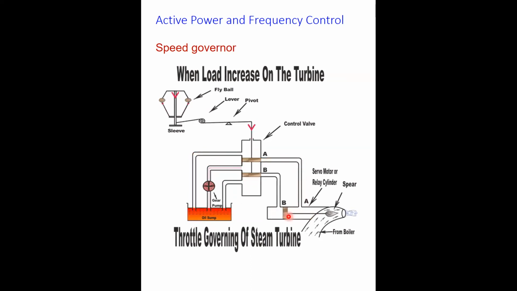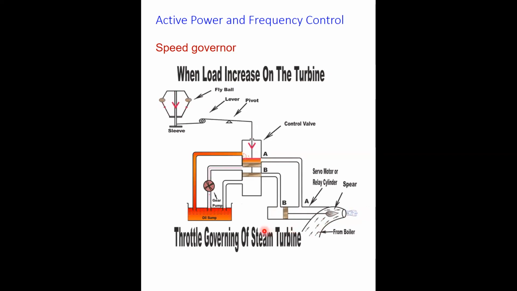So this is the relay, basically, or servo motor cylinder. As a result, it will push this piston on the left hand side, and thereby allow more opening of this needle, and then you have more steam inlet or maybe the water inlet to the turbine section.